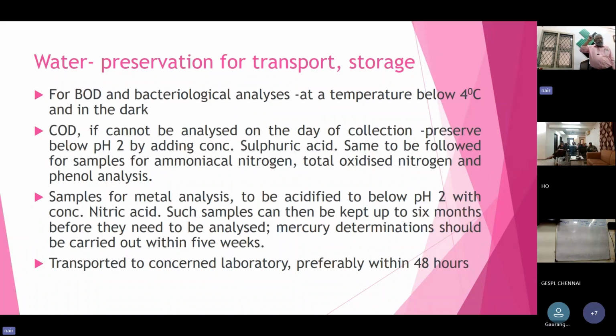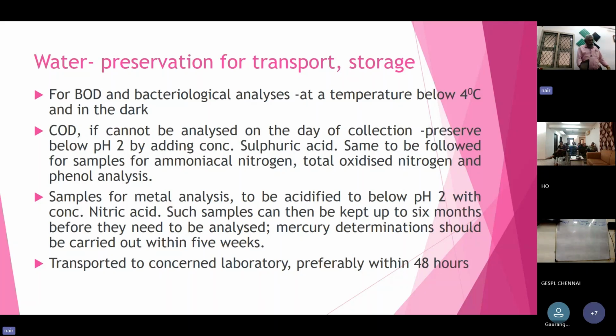Yes, that is the checklist I told first. So for COD analysis, take the sample and preserve it below pH 2 using concentrated sulfuric acid. In the case of ammonium nitrate, total oxidized nitrate, TKN and phenol analysis, the same procedure is to be followed, that is, preserve below pH 2 using concentrated sulfuric acid.